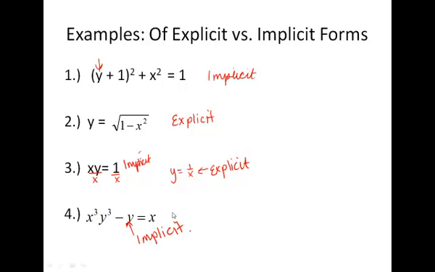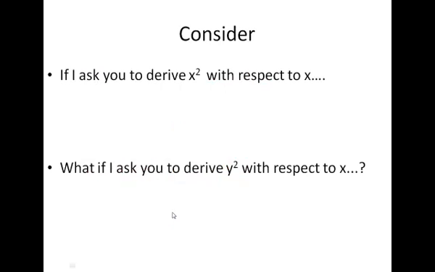So knowing that now, consider these, because we're going to have to derive this and there's a certain situation that's going to come up. If I were to ask you to derive x squared with respect to x, sure enough, you would just say, the derivative of this function with respect to x, that's the notation that we've been using, of x squared. So you would use the power rule and drop that exponent by 1.